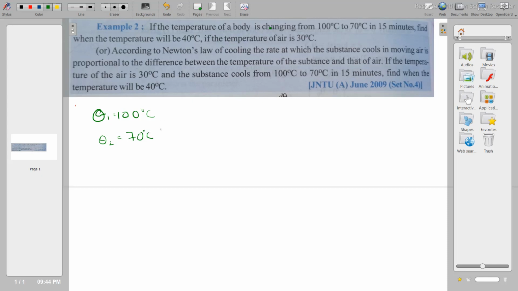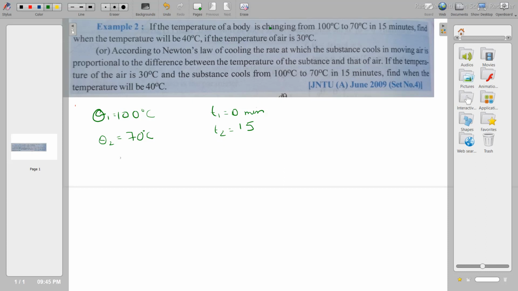See, it is changing from 100 degrees Celsius to 70 degrees Celsius in 15 minutes. So initially it was at 0 minutes, and within 15 minutes the temperature changed to 70 degrees Celsius.